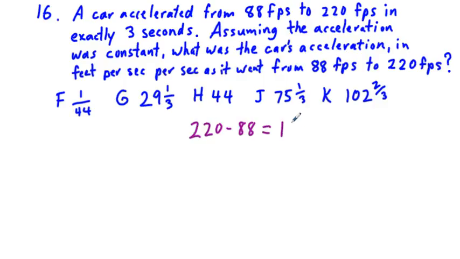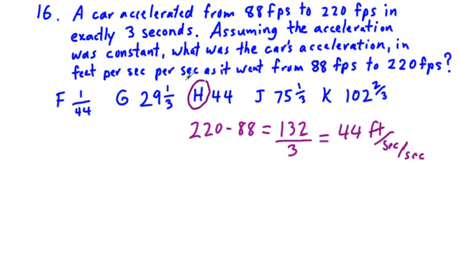So we get 132. And over how much time does this 132 feet per second increase occur? Well, it occurs over 3 seconds. And so that's going to be, when you work it out, 44 feet per second, which is, of course, answer choice H.